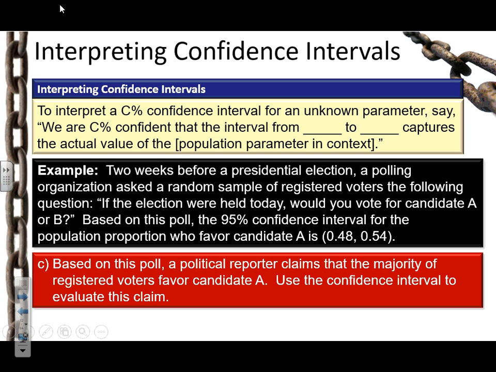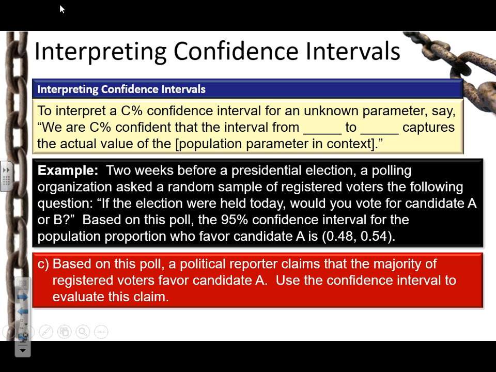If I'm looking at a majority of voters, we're talking proportions, right? What would that mean in terms of proportions? Well, 0.5 would be the cutoff, so a majority would be 0.5 or more, right? So more than 50% of the voters support candidate A.